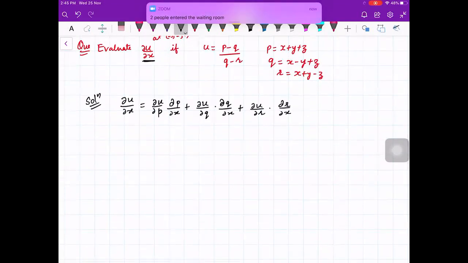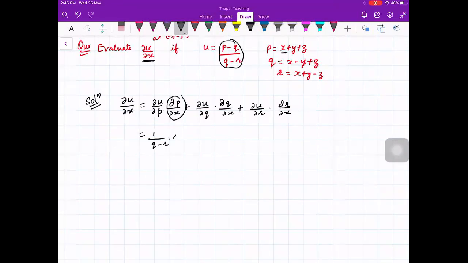Now ∂u/∂p you can compute from here. That will be 1/(q − r) into ∂p/∂x, that is 1, plus ∂u/∂q. From here you have to compute ∂u/∂q.